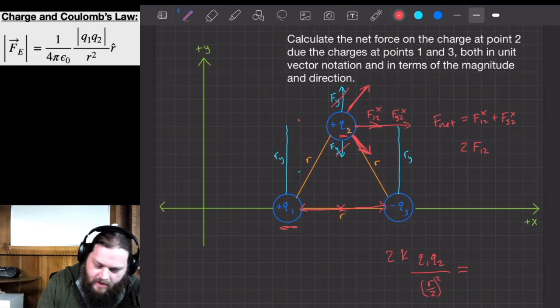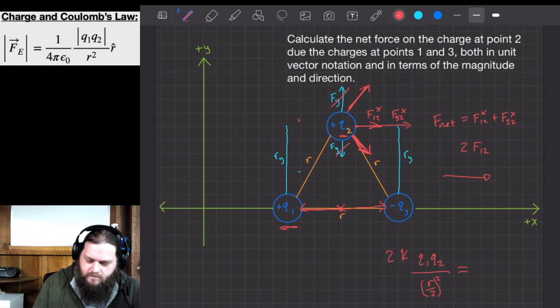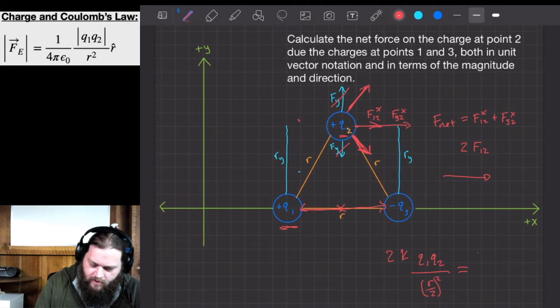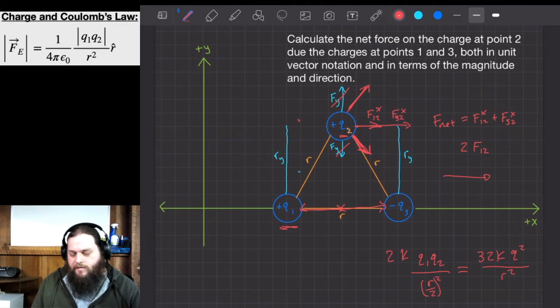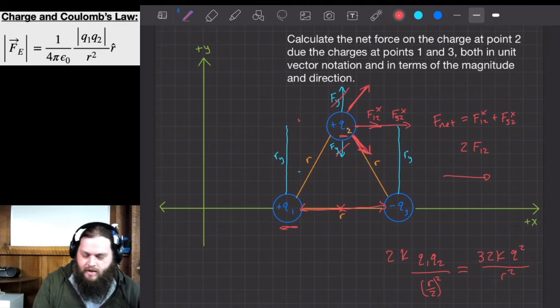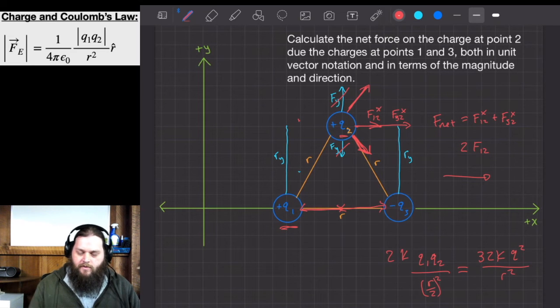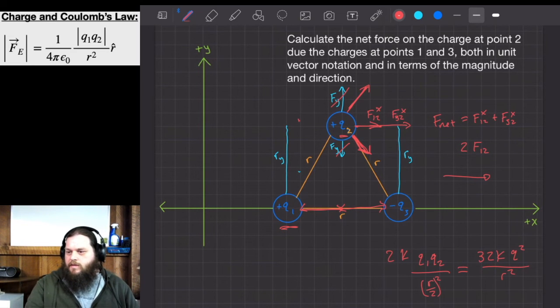And that's going to be in the positive x direction going this way. So we can do the math there. 4 squared is 16, and I think that's going to, yeah, that would flip up to the top. So we'd end up with like 32k q squared over r squared. So whatever values we have for q, since q is the same for all of those charges, and then the value for r we can plug in, and we get our net force on there.